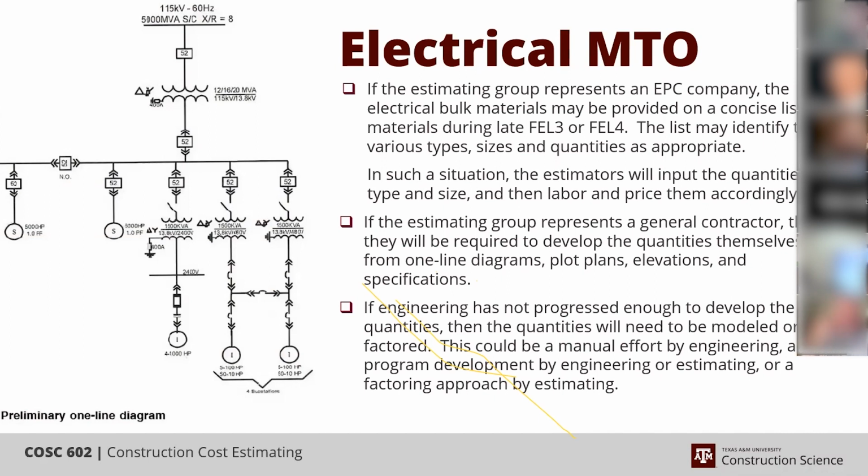Most everything's running at 600, except for your large motors, which you can see one here where it's 240. This 1,000 horsepower motor here is running quite a bit higher than 600.